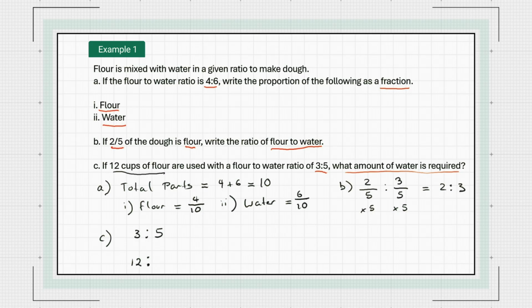All I have to do is work out how I've gotten from 3 to 12 and multiply both sides by the same number. So 3 times 4 is 12. It means I have to do the exact same over here. And 5 times 4 is 20. And so therefore I need 20 cups of water.